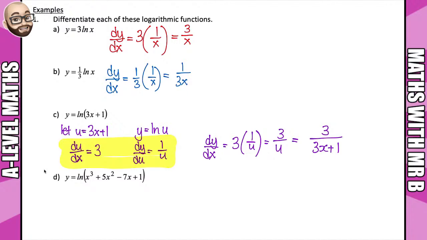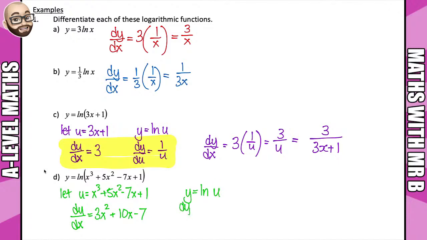And hopefully this next one is where you'll really see how we're going to establish our shortcut. We're going to let u equal x cubed plus 5x squared minus 7x plus 1. So du/dx equals 3x squared plus 10x minus 7. Meanwhile, y is now equal to a much simpler function. It's ln of u, and dy/du equals 1 over u.